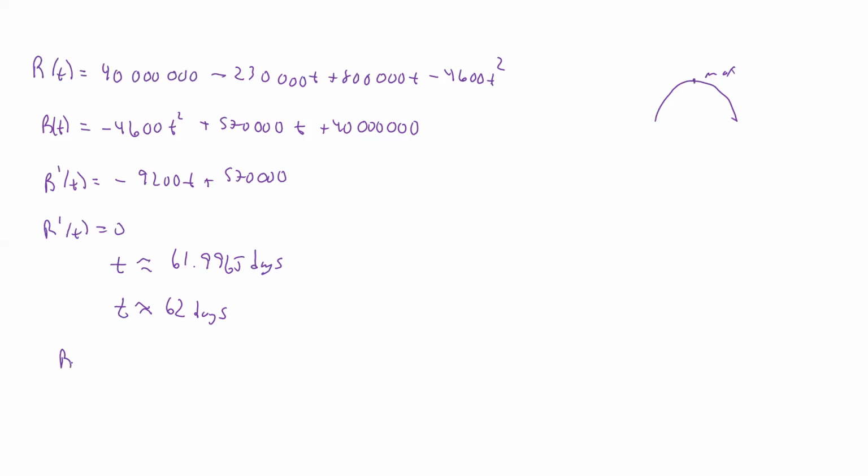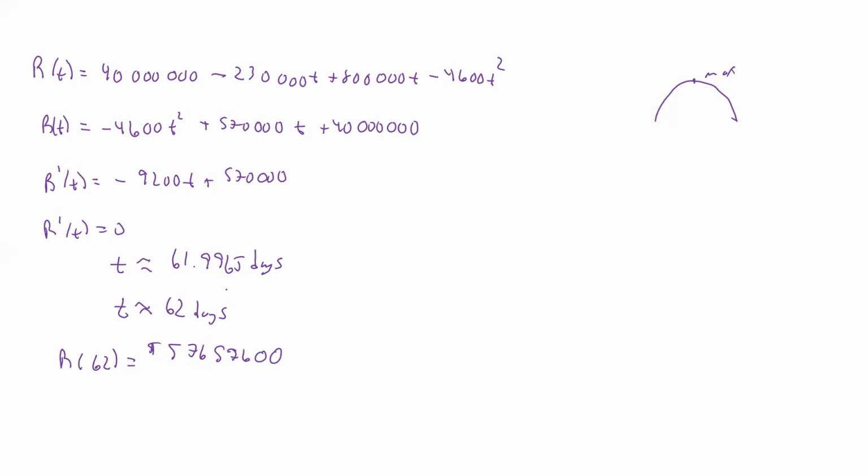And so if I plug in R of 62, that will give me the value at that max. If I plug all that back into my calculator, this time on my hand calculator, 40 million plus 570,000 times 62 minus 4,600 times 62 squared, that gives me 57,657,600.